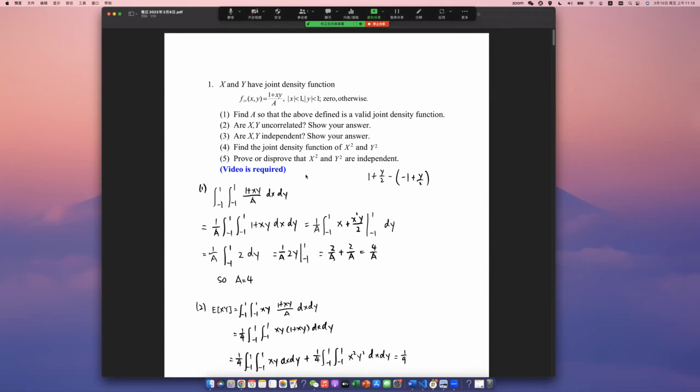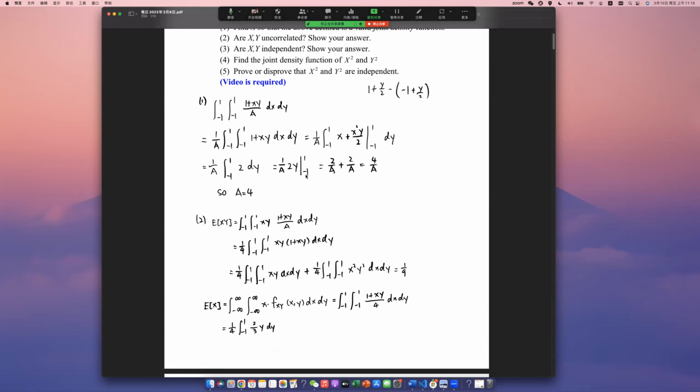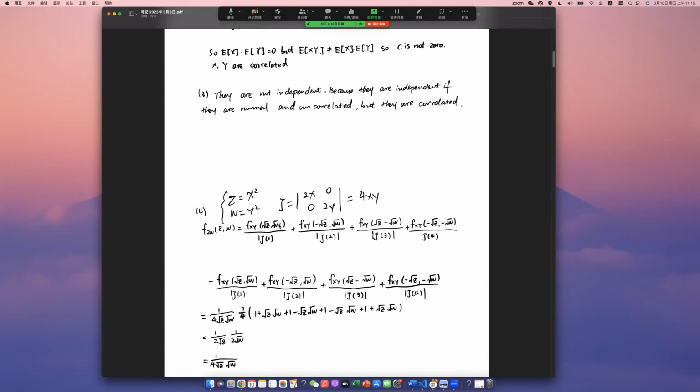And for part 4, it asks to find the joint density function of X squared and Y squared. So we write Z as X squared and W equals Y squared, and the Jacobian like this.